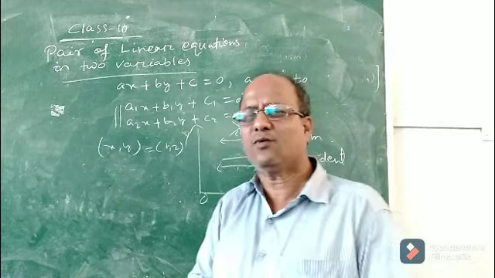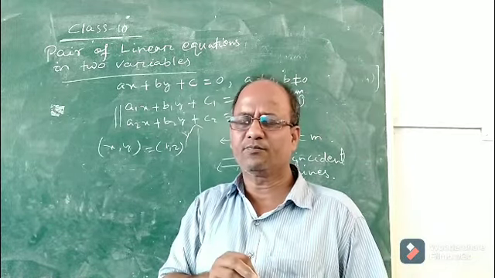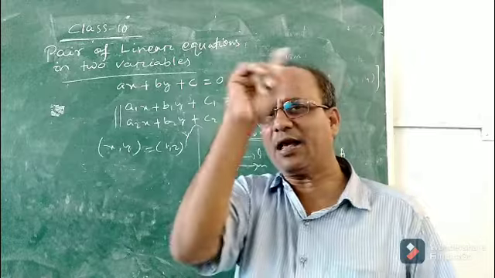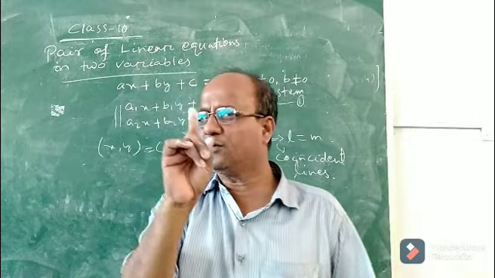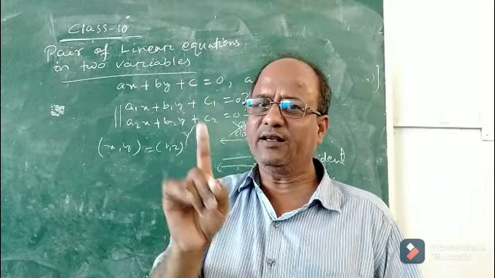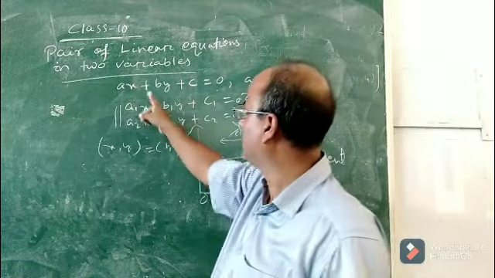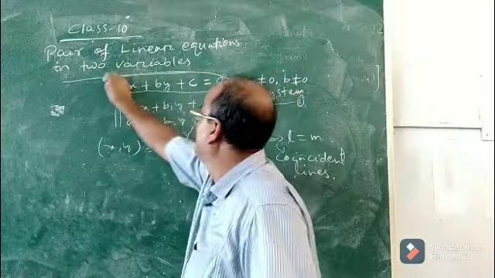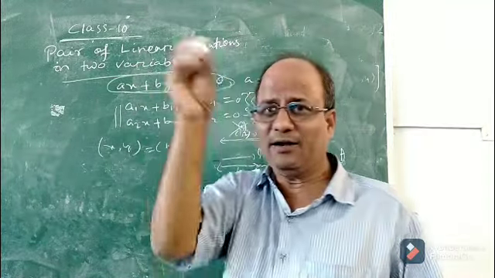Okay. So children, from this what is our conclusion? In class 9 we read that if you are given one linear equation in two variables, it will have infinitely many solutions.